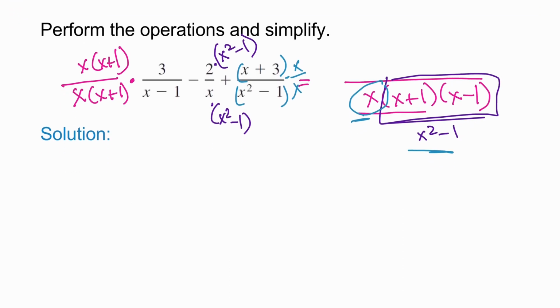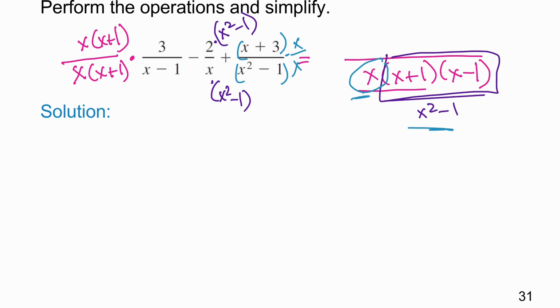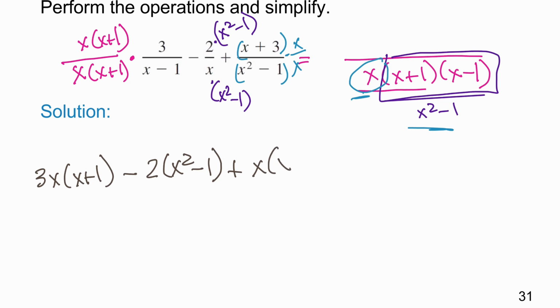So once I do all of that, I will get 3x times x plus 1 for my first term, and then minus 2 times x squared minus 1, and then plus x times x plus 3.